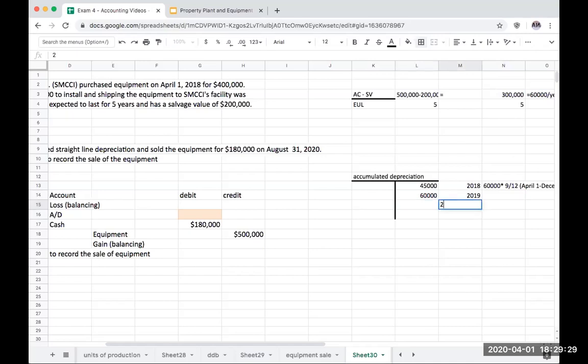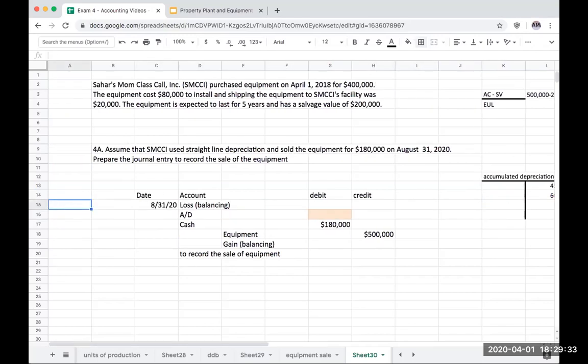For 2020, it's a little bit different. In 2020, how many months did I use the equipment for? Well, instead of going from the beginning till the end of the year, I need to go from the beginning of the year, or January 1st, 2020, through August 31st. So how many months did I use the equipment for in 2020? It's going to be January, February, March, April, May, June, July, August, or 8 months.